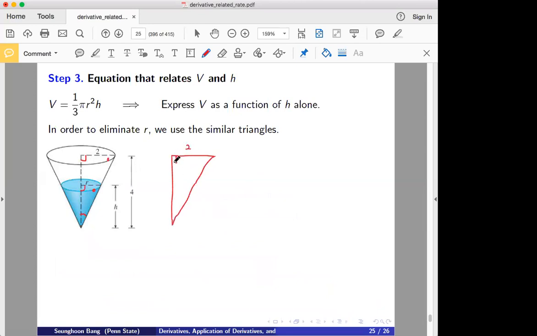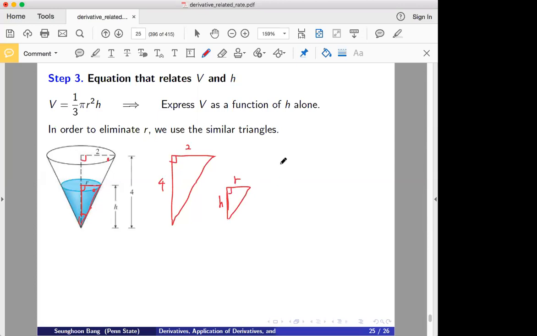This is 2, this is 4. You can draw the small one here. This is R and H.